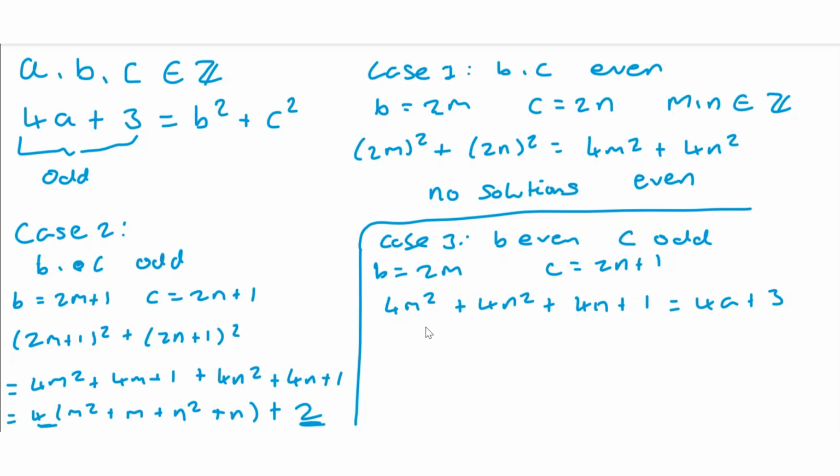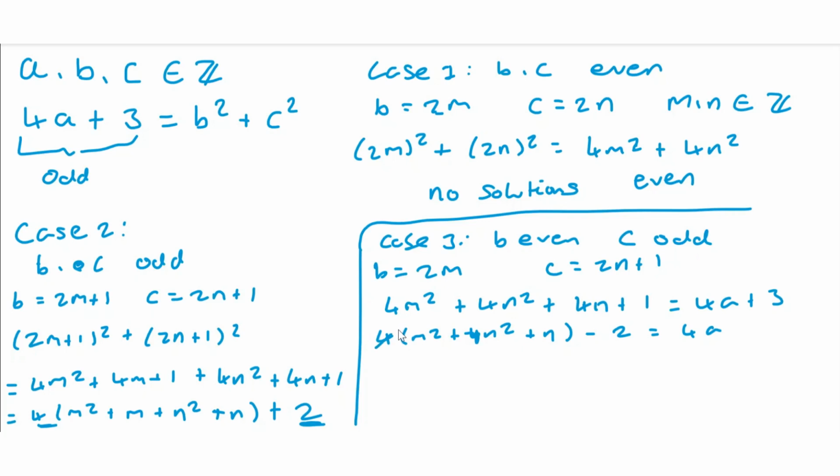So if we subtract 3 from both sides and factor out the 4, we get 4(m squared plus n squared plus n) and on the outside we have a minus 2, subtracting that 3 from here, and that's equal to 4a.